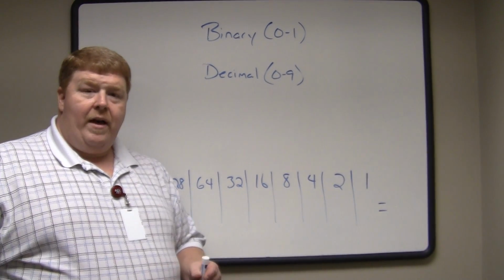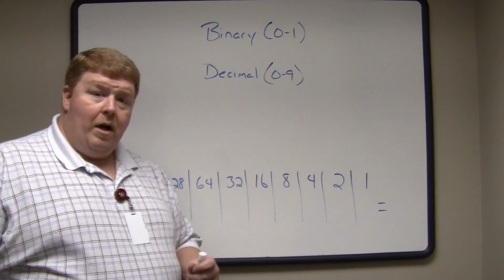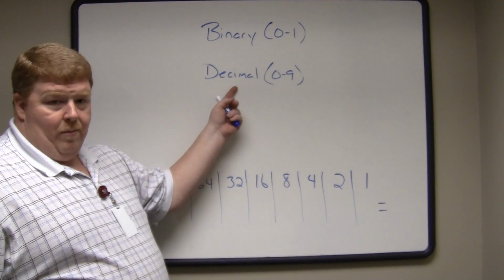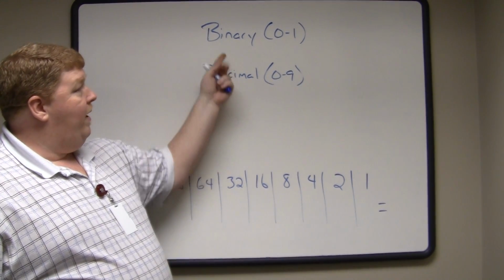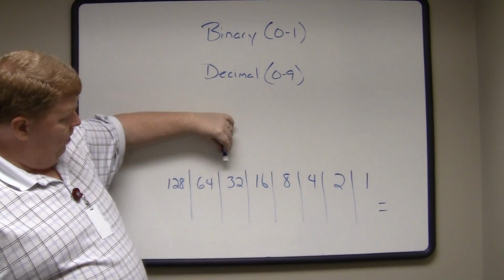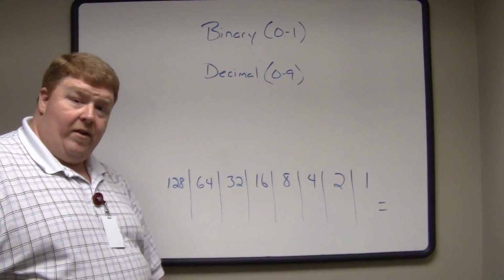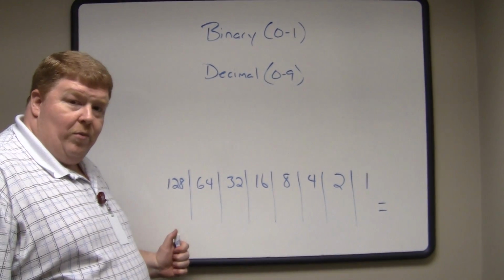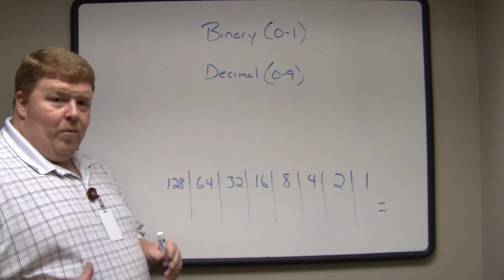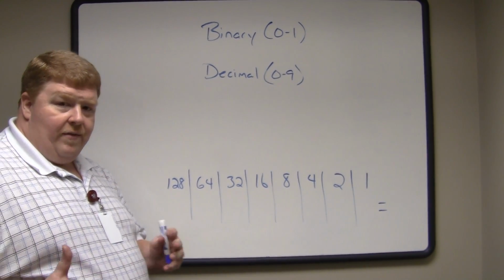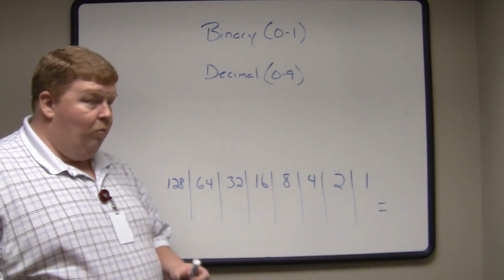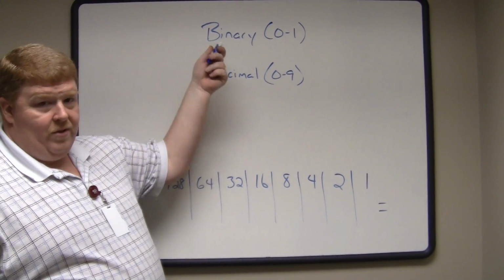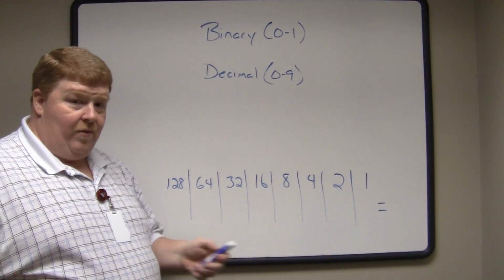The reasoning is that the number comes from converting the decimal number 32 into binary. As you can see right here, one of the places in our binary calculator is 32. Same with 64 and 128. So these numbers that may seem a little off are actually very accurate when it comes to converting decimal numbers into binary. And that's where it all comes from.